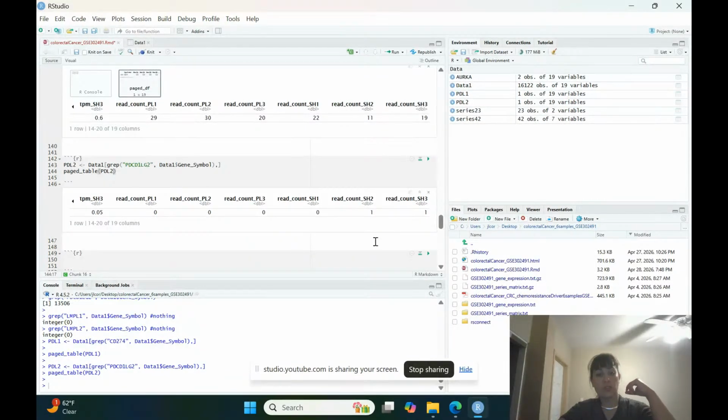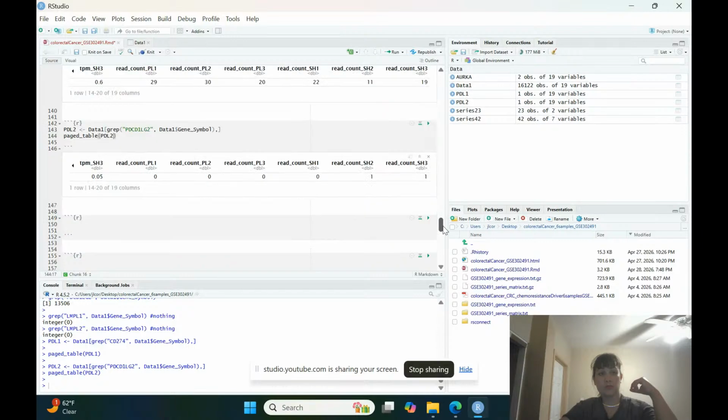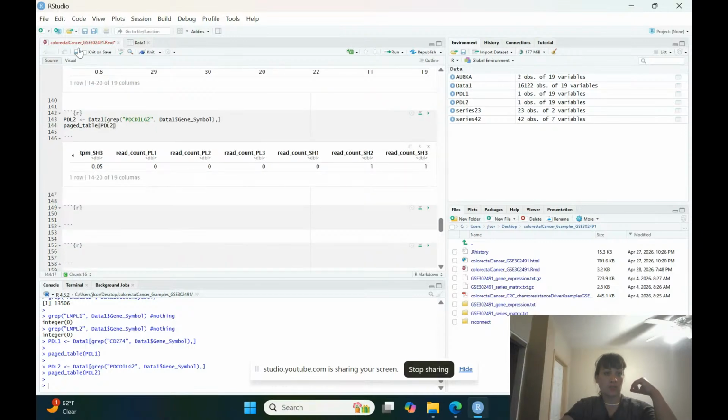All right, so okay. So no immediate standout results for PDL1 as each sample responds differently.